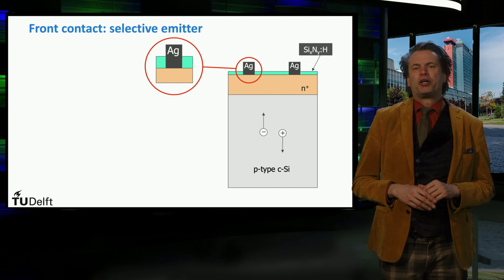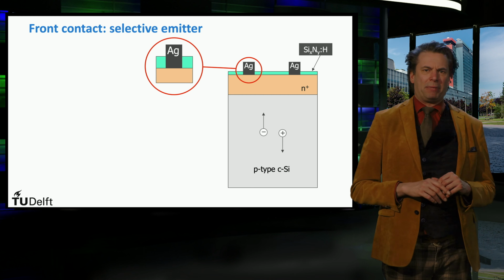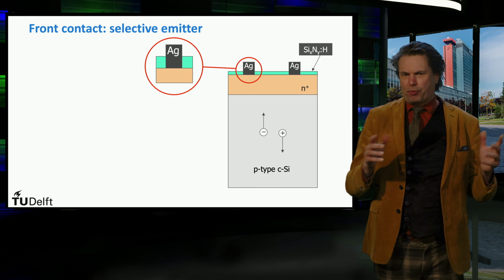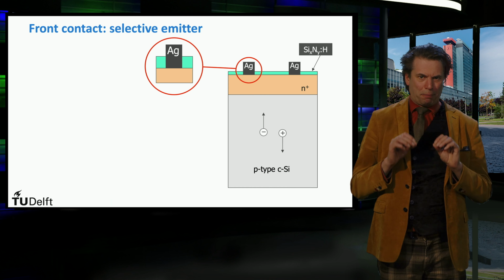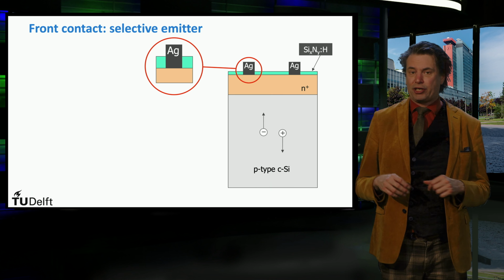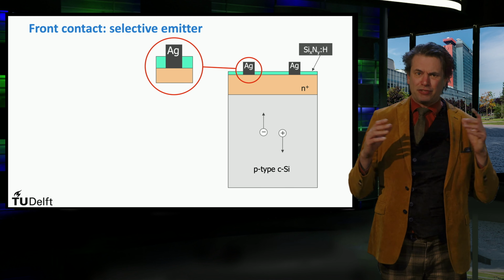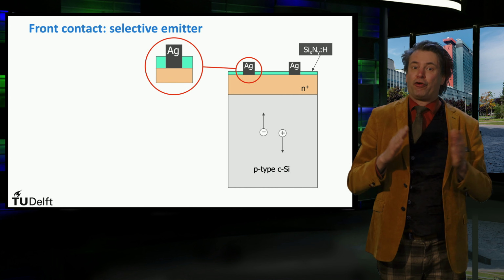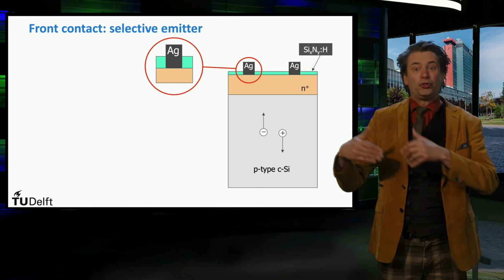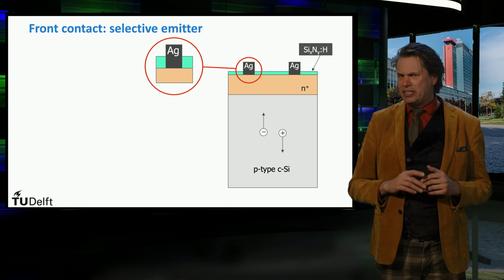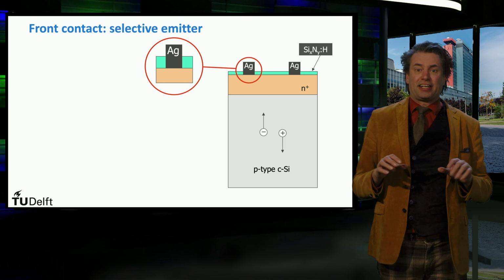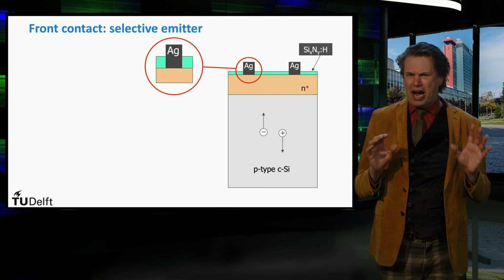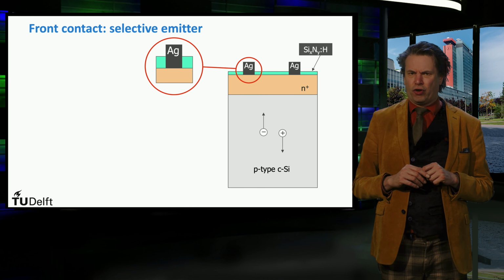Now we look in more detail at the metal-emitter interface. A problem at this metal-emitter interface is that we cannot use an insulating passivation layer like silicon oxide or silicon nitride anymore, as we need electrons to conduct from the semiconductor material to the metal. This means that the metal semiconductor interface has more defects and therefore an unwelcome high interface recombination velocity.